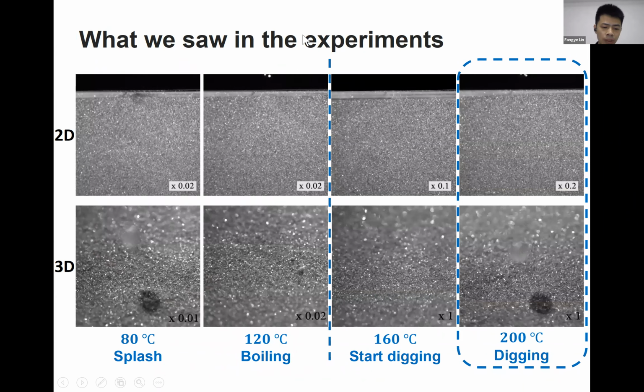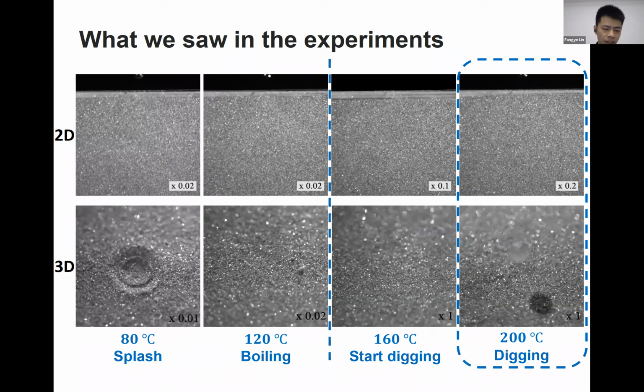Here is what we saw with the two setups. At the top, one can see the side view through the sapphire window, and at the bottom, the 45-degree view on the surface of the granular bed in the cylinder. When the temperature is lower than the water boiling point, for example 80 degrees, the boiling drop only causes a gentle granular splash.